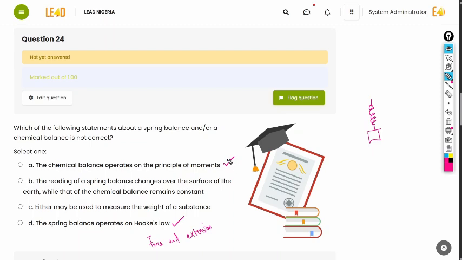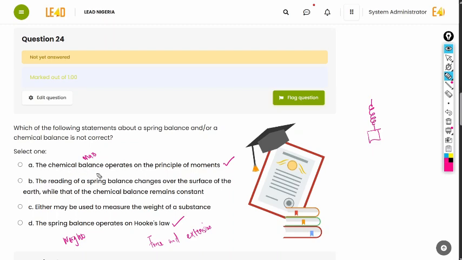Let's take on C. C says that either may be used to measure the weight of a substance. Not quite. The chemical balance measures mass, so it gives you your answer as mass. The spring balance measures weight. It's true that if you multiply your mass by a constant value, the force of gravity, you will get weight.